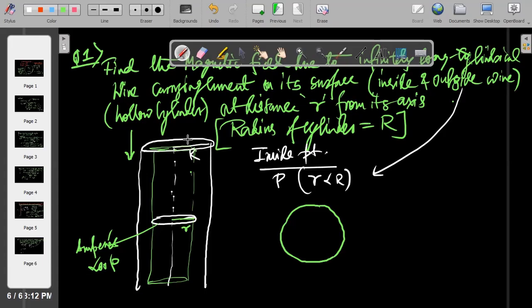Now the current is flowing on this surface, and the current is coming outside, obviously. From the top view, it will look like the current is flowing outside, so I'm putting all as dots.